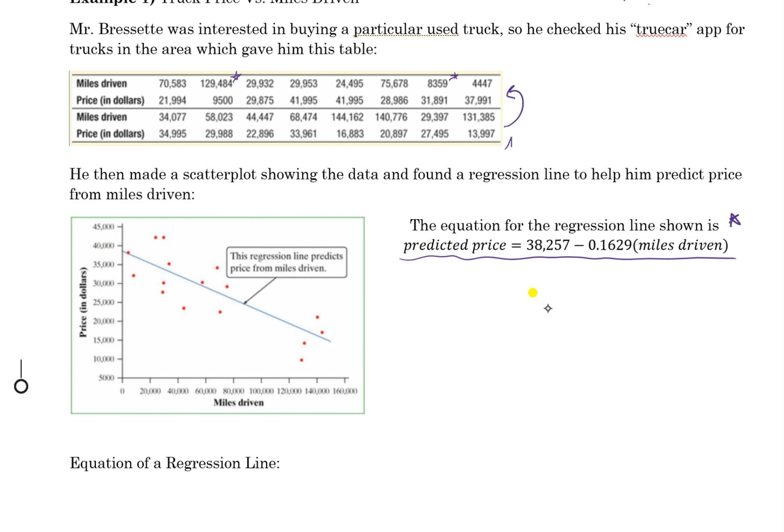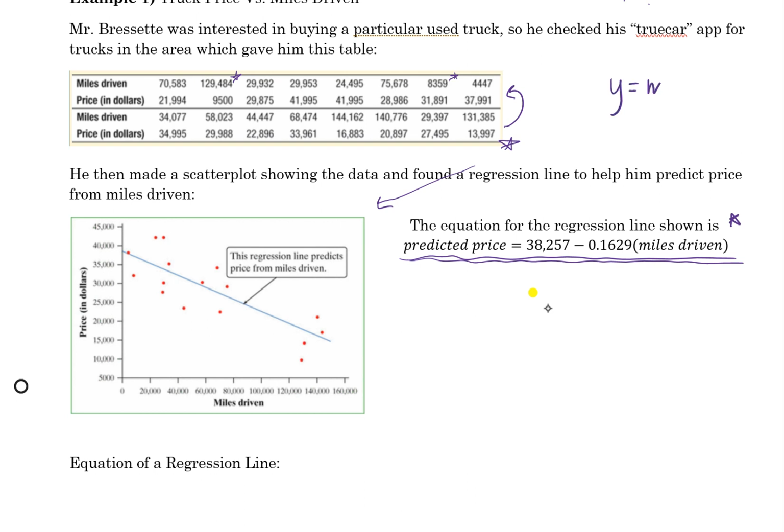Well, given data, you're going to have to create a scatter plot, which you should be able to do. Eventually, you are going to be responsible for finding the equation of a regression line yourself, but we're not there yet. What we're going to start with right now is simply identifying the parts of a regression line.